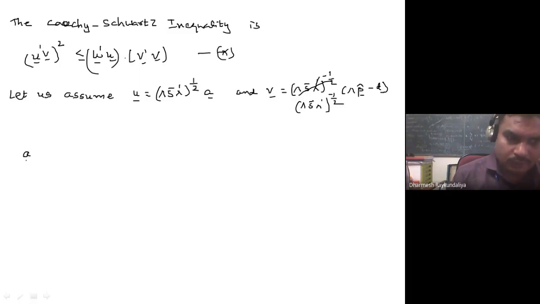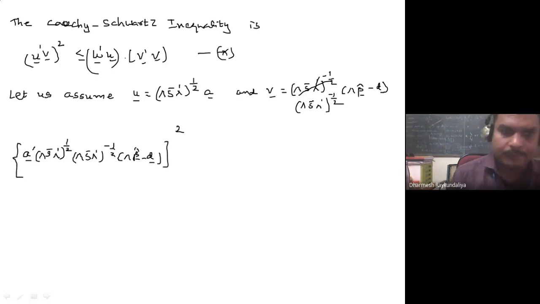That means A dash (lambda S bar lambda dash), but it is symmetric, so you can write it raised to half, and V is equal to (lambda S bar lambda dash) raised to minus half (lambda beta cap minus d), and we have the square.